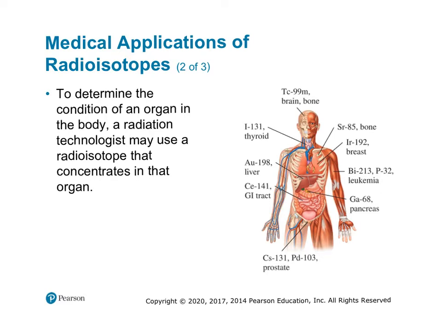Different elements concentrate in different organs based on the function of those organs. So a radiation technologist could use a radioactive isotope of that particular element that would concentrate in an organ, so that they could make a scan of just that particular organ.